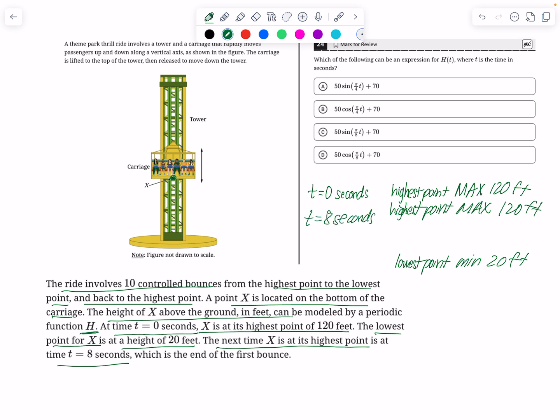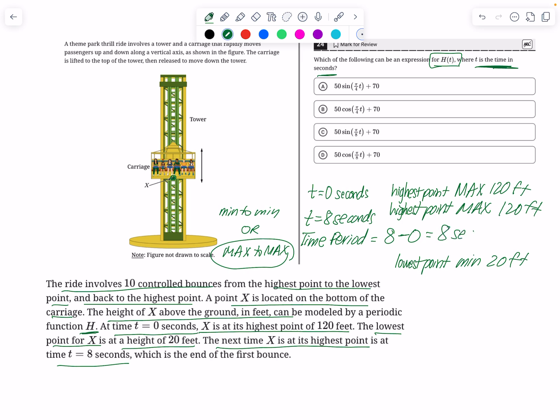So remember, anytime you're dealing with period, and in this case we're talking about the time period, since h of t is where t is the time in seconds, period is always from a minimum to a minimum or a maximum to a maximum. In this problem, we see a maximum to a maximum, and the time period would be 8 seconds minus 0, which is 8 seconds.